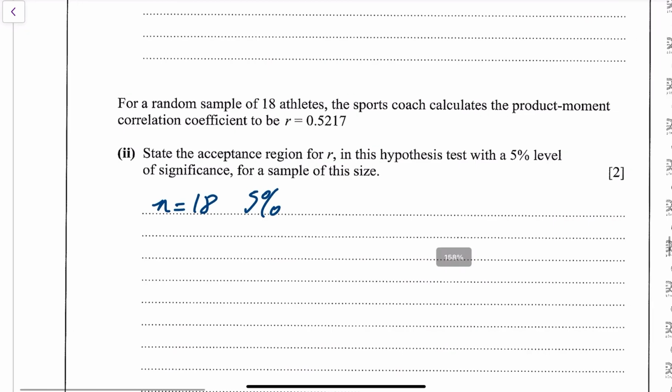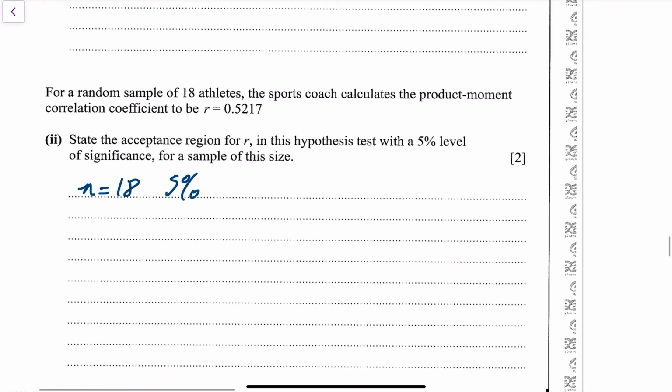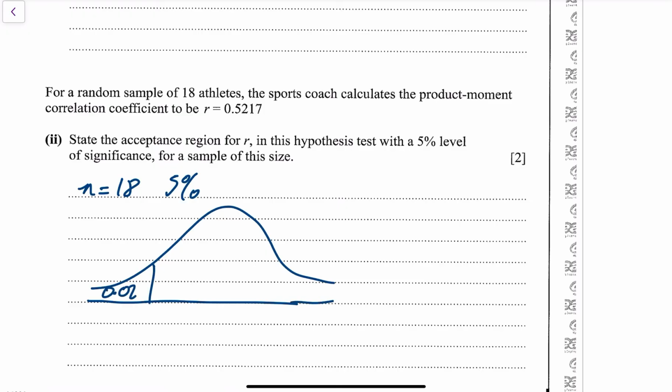So we go back to our sheet, and you can see there we have it. Same mistake again. So it's minus 0.4683 and 0.4683.